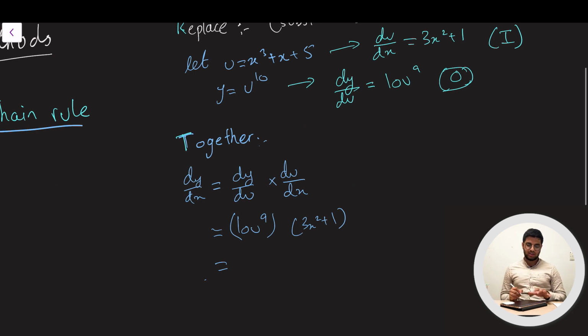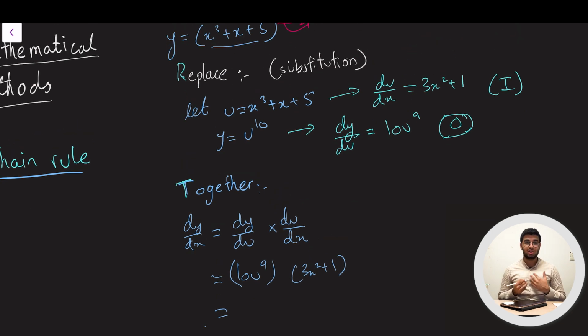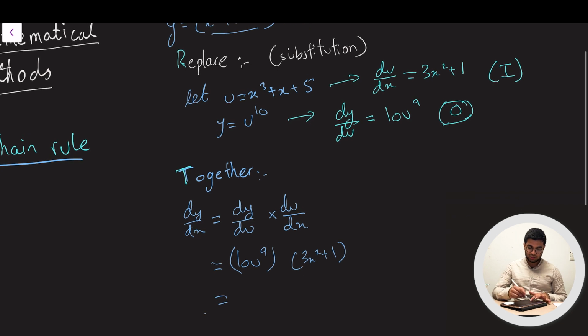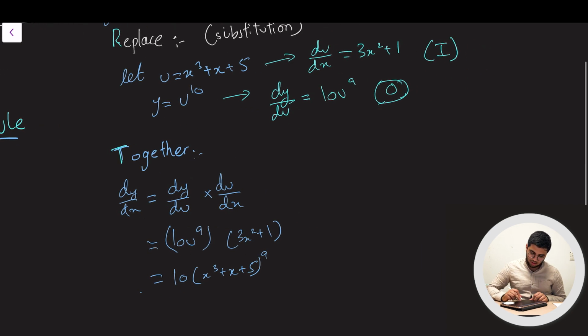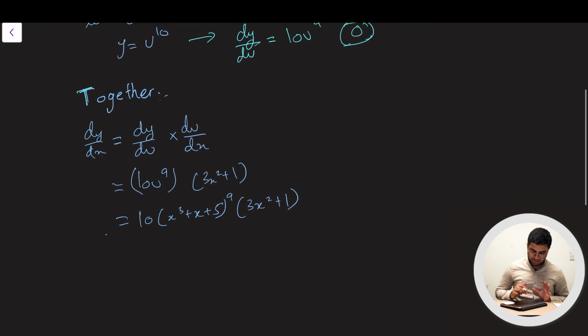We introduced the u, so we can't leave that in the answer. We substitute back what we had for u, which was x cubed plus x plus 5, all of that to the power of 9, and then 3x squared plus 1. And there it is. Voila. You have the derivative you were looking for without doing millions of expansions.